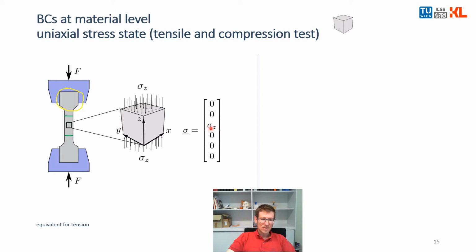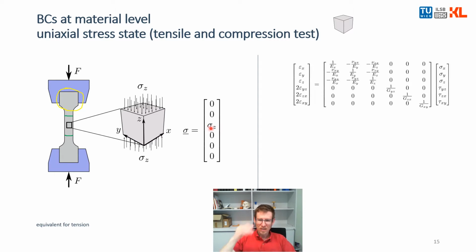And this comes in handy when we look again into our linear elastic material law. Remember, we would like to determine the numbers in here, and now the situation is much simpler because this value is gone, this value is gone, this number is gone, this is gone, this is gone.